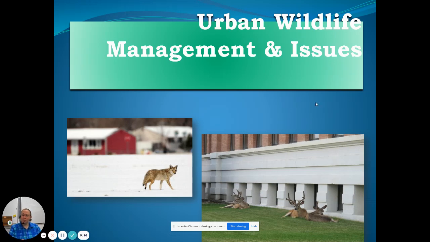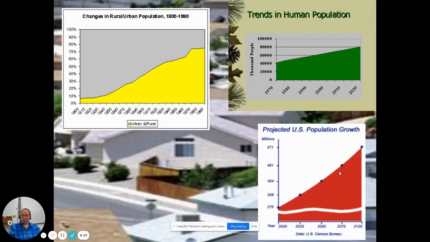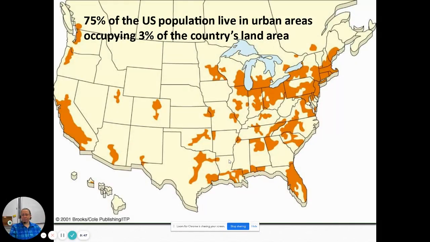So what are some of these issues that come up in management and areas that we look to do? Okay. Well, the first issue in managing wildlife is humans moving around. Urbanization, urban sprawl. Right? We know that we've had this trend to move out of cities and to claim new areas of land for ourselves, and that our population keeps growing. That's what these graphs are telling us. We're becoming more and more balanced between urban and rural and moving out, and our population is increasing.